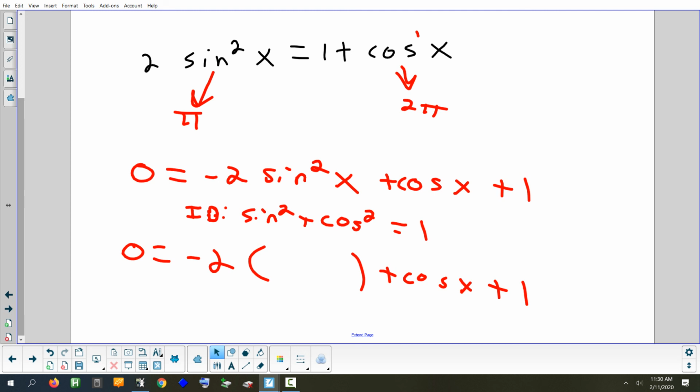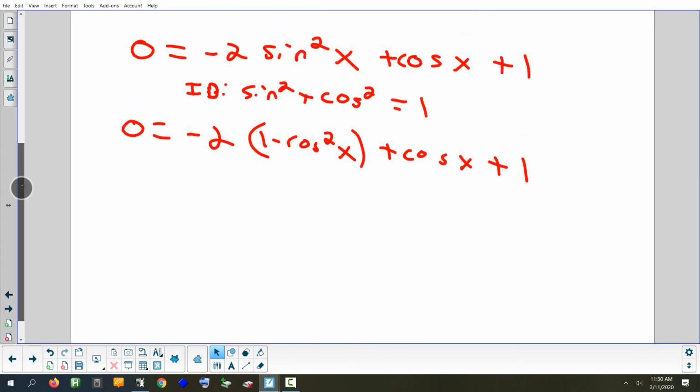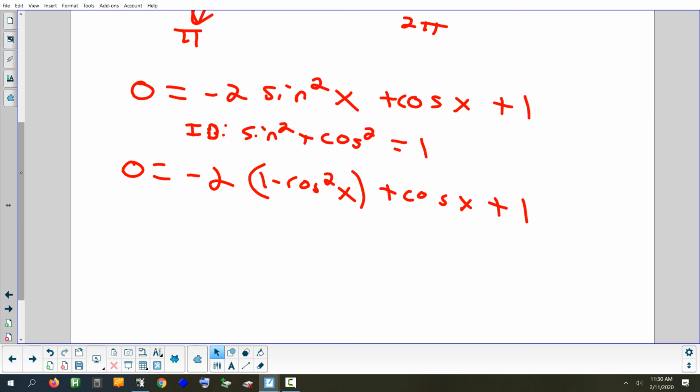What is sine squared? 1 minus cosine squared. Yes. Does anybody see now why I put everything on the right? Because when I distribute, negative times a negative is going to make that cosine squared positive. Had I left everything on the other side, I would have had to divide by -1 and fix it. It's not a big deal, but this saved me a step. So anytime you substitute for a squared function, the positive or negative value of it is going to become the opposite. It started as negative, it's going to end up positive.